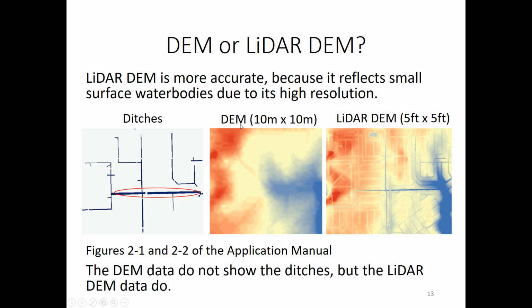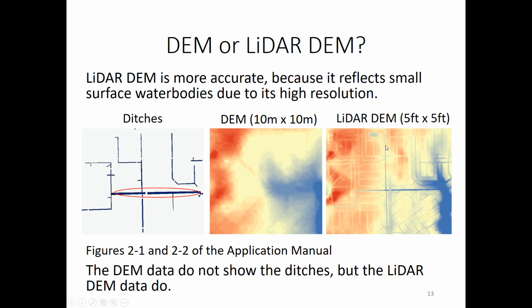The original DEM we downloaded was a long time ago. This research was done in about 2009, about 10 years ago. At that time, the DEM resolution was 10 meter by 10 meter, but from this resolution you cannot tell any ditch here. But then we got the LiDAR data later on, and the LiDAR data has a resolution of 5 feet by 5 feet.